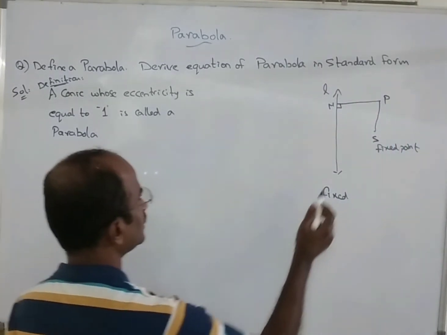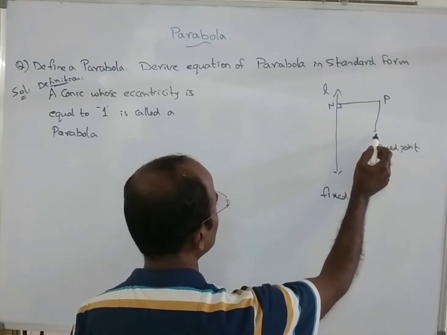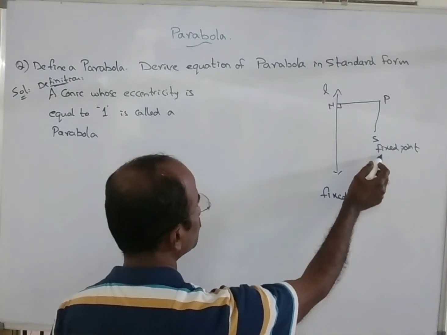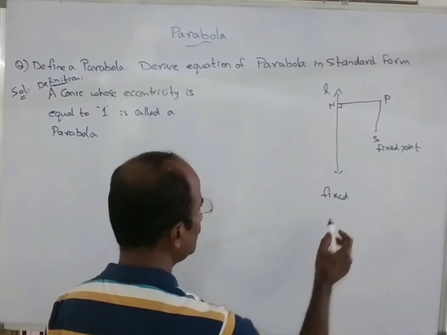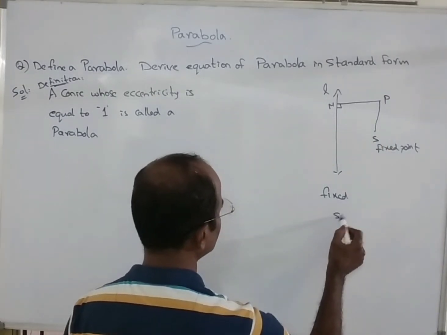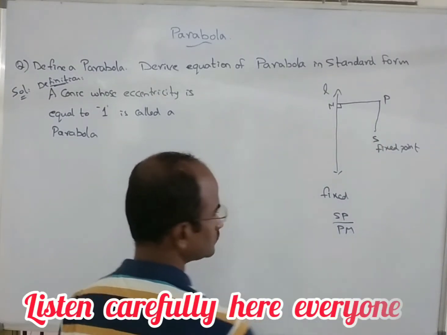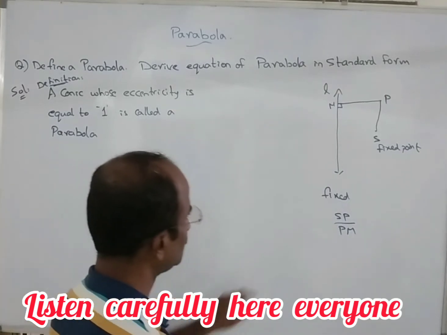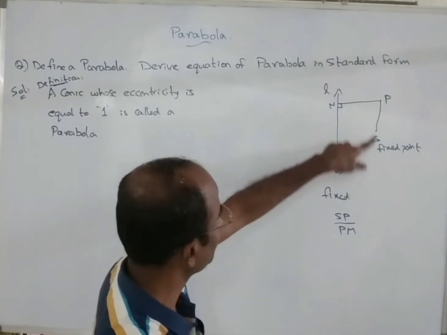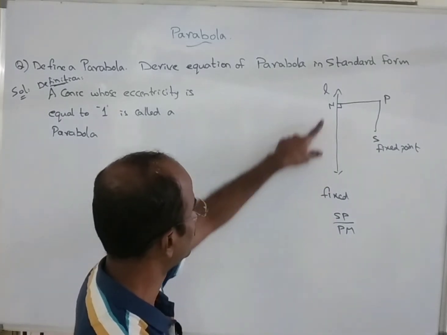Now, the ratio of the distances of this particular point from the fixed point and the fixed line, that is SP by PM. This is called the ratio of the variable point from the fixed point and the fixed line PM.